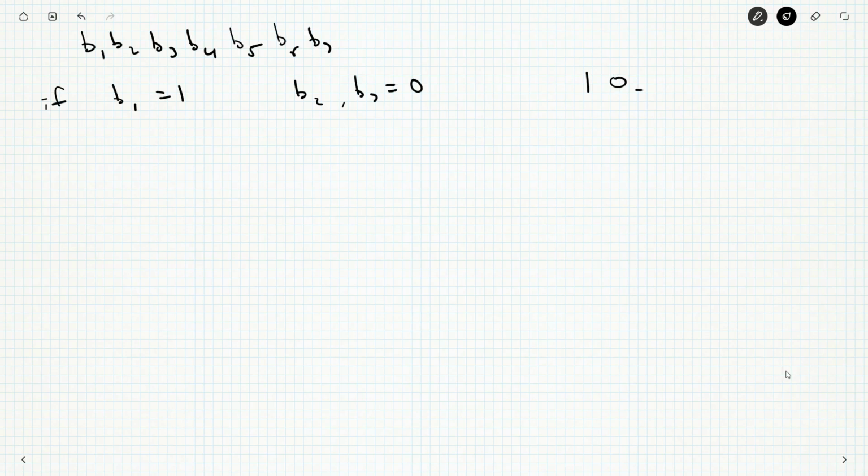Okay, so we've got b1, b2, b3, b4, b5, b6, and b7. If b1 is 1, b2 and b7 are 0. So I've got 1, 0, blank, blank, blank, blank, 0. Or I guess b3. I'm going to replace the blanks with the b's. And then at this point I have a choice to make.